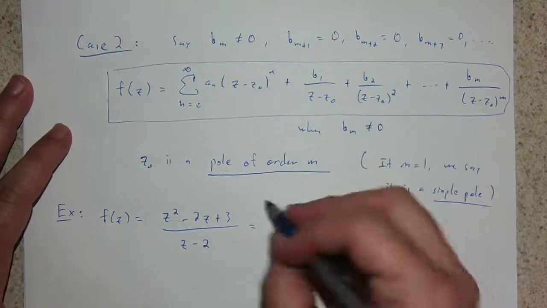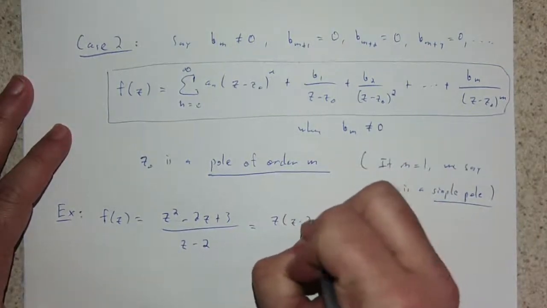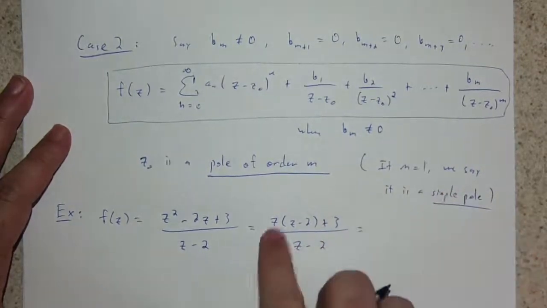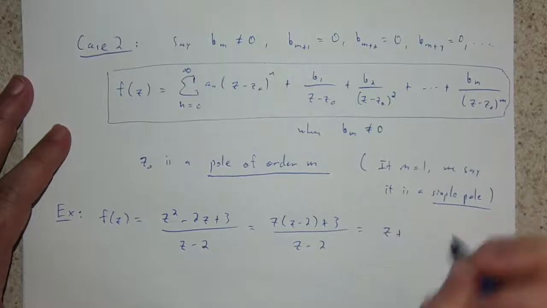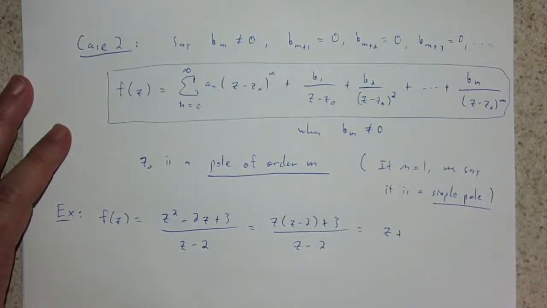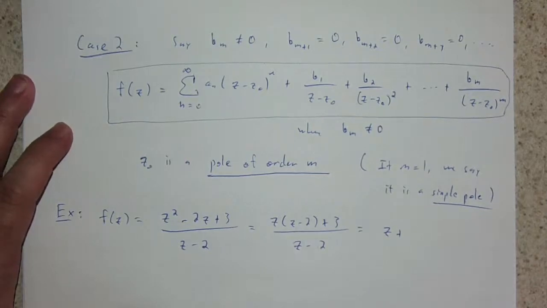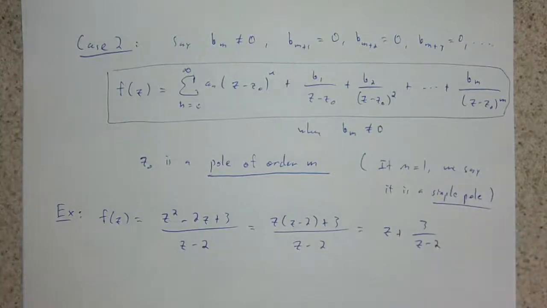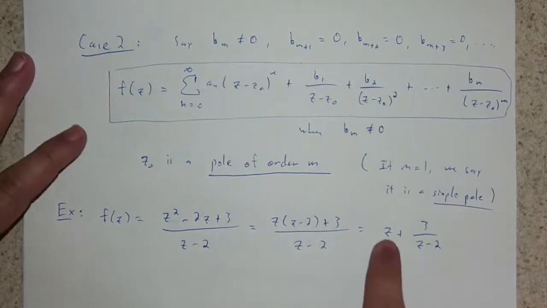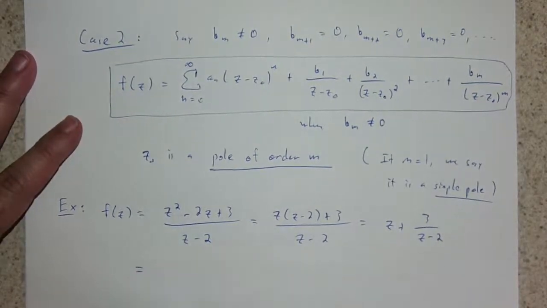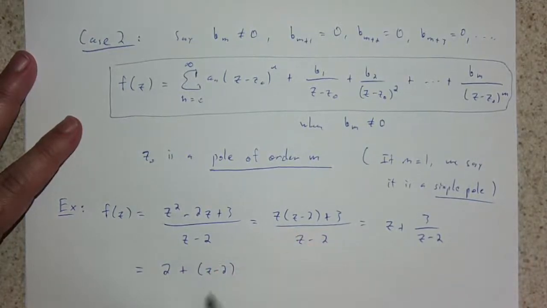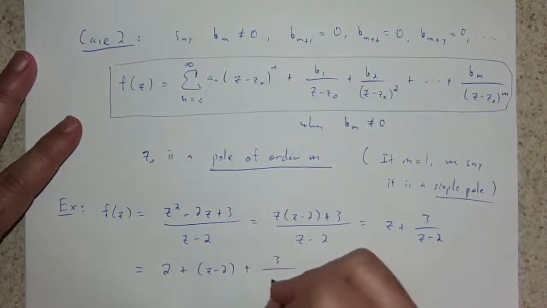So this actually makes this a lot nicer to view as z times z minus 2 plus 3 over z minus 2. Now we're happy. So this is going to be z plus 3 over z minus 2. And if we want z minus 2 showing up everywhere, then we can write this algebraically as 2 plus z minus 2, plus 3 over z minus 2.